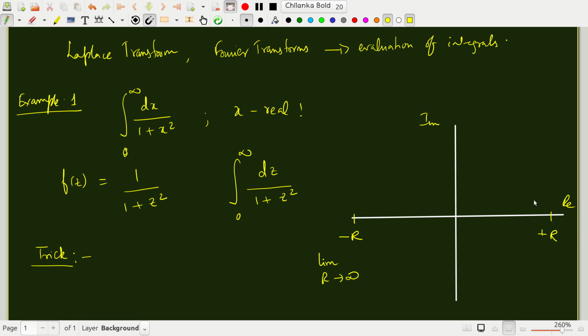The contour that I'm going to choose is along the real axis from minus r to plus r. It's not a contour yet, but I'll close it like this: I'll go off the real axis into the imaginary axis and then come back to the point. So now this becomes a closed contour.